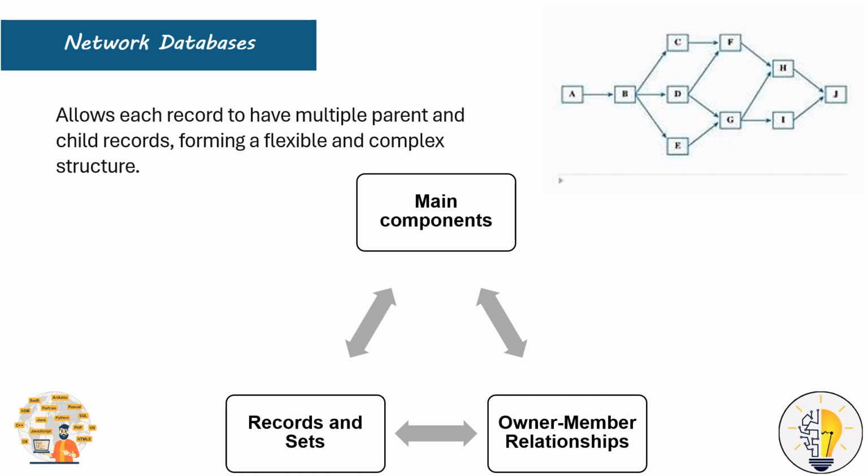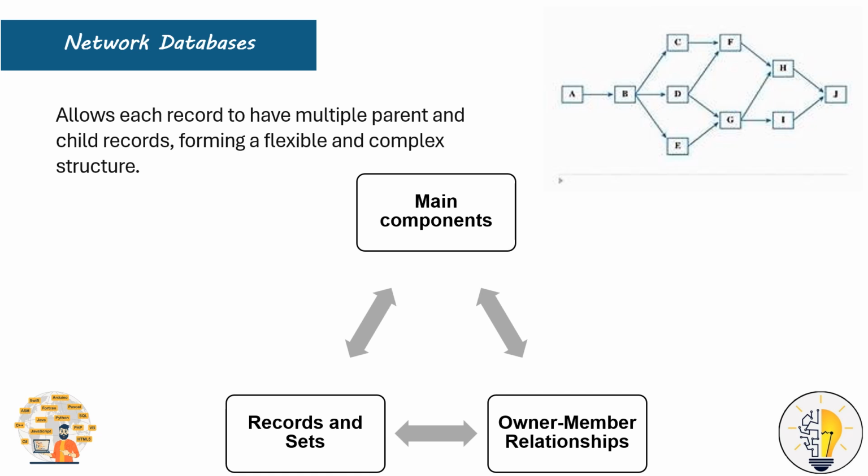To connect all this, there are two main components you have to remember: records and sets, and the owner-member relationship. What are records and sets? The data is organized in the form of records, similar to a row in a relational table, and a set defines a relationship between records. In the owner-member relationship, an owner record can be linked to multiple member records.